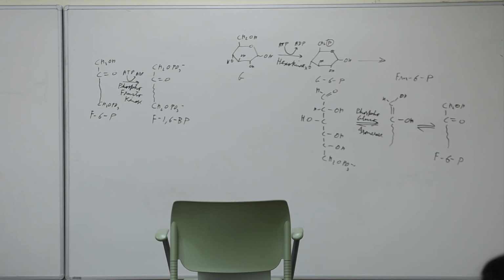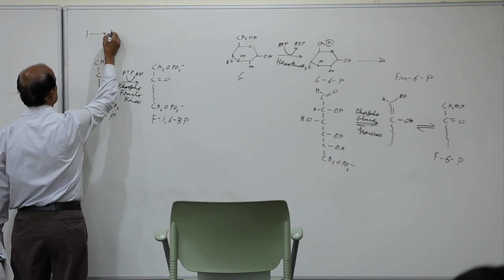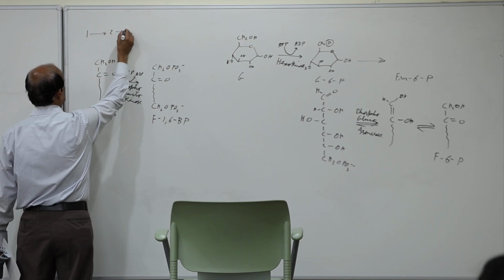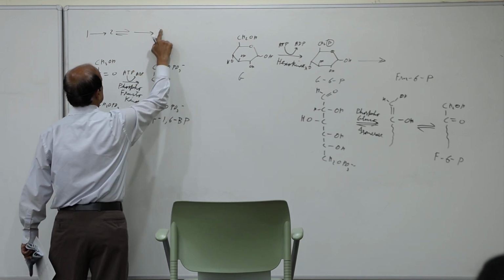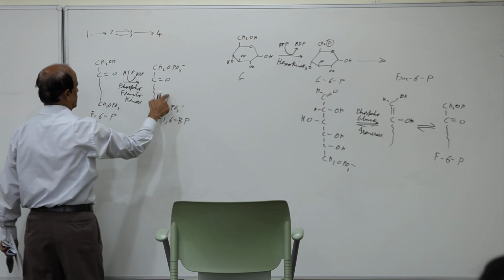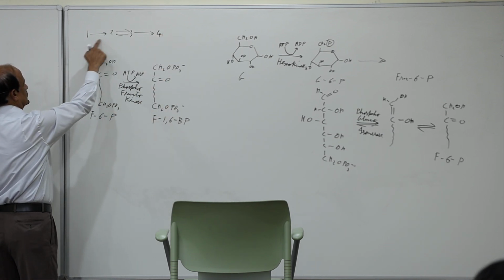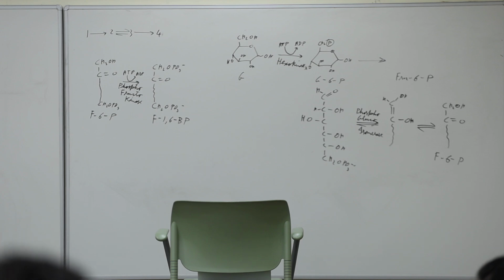So if you have step 1, this is irreversible, then this is reversible, and then this is irreversible. So this is the phosphofructokinase. So there are 2 irreversible steps in the beginning. Which one is the committed step? 3, not 1.